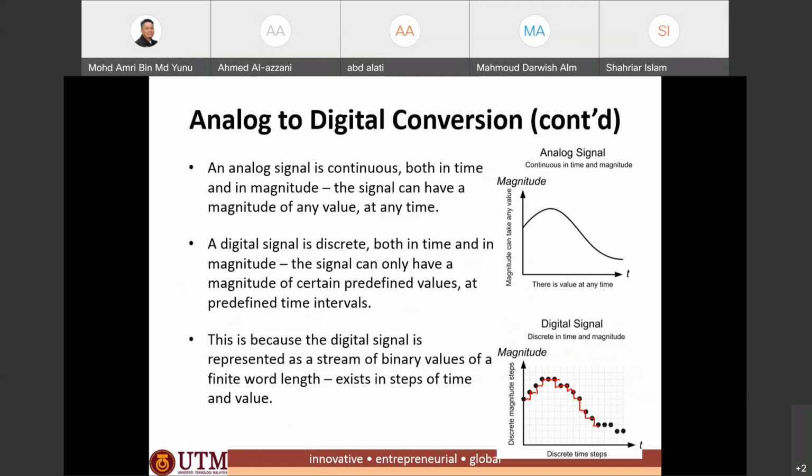So we all know that an analog signal is a continuous signal, but when you convert into digital information, the magnitude will be represented in discrete steps.